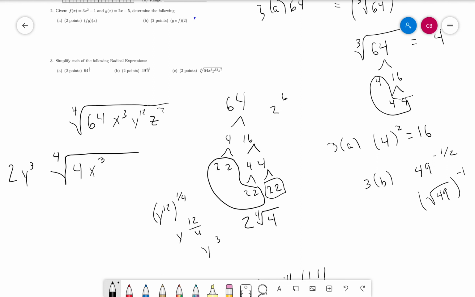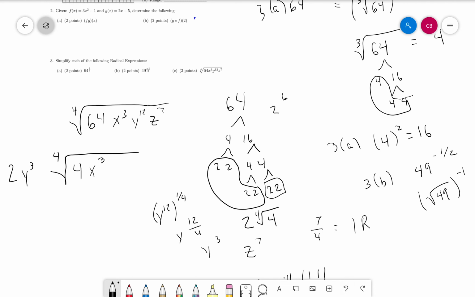And then z to the 7th. We have 7 over 4, which is equal to 1 3/4. So this is going to pull 1, this is the power of z. There are going to be 3 left over. So let me rewrite this in other terms because I've done this before.